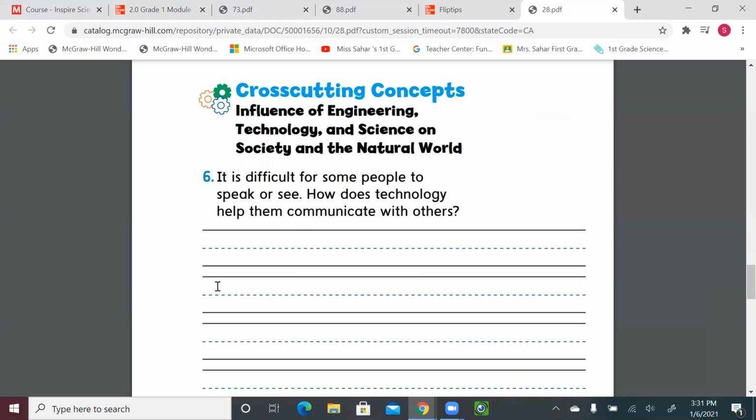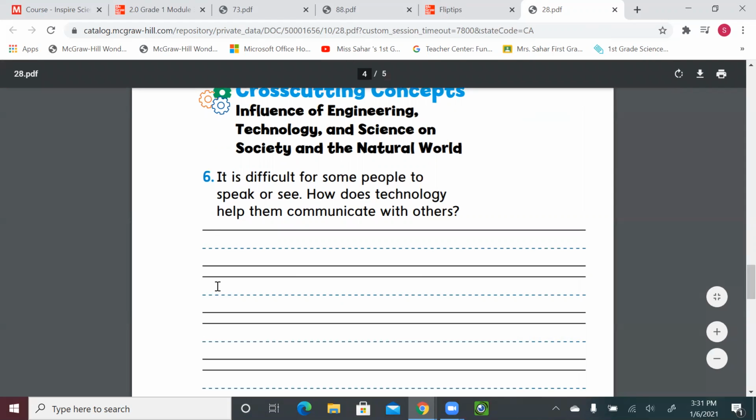So we can say, people who cannot see can use technology so that they can listen and speak. Right?